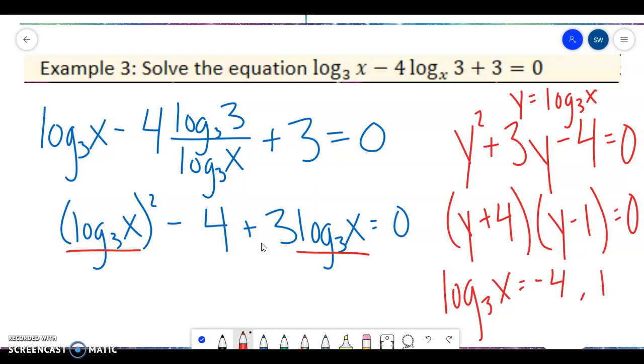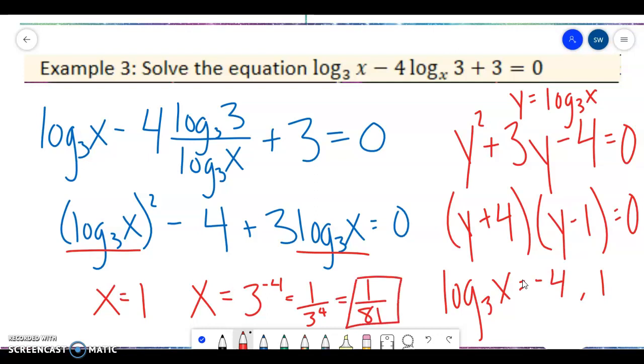To solve for x, you're really just doing 3 to the -4 equals x and 3 to the first equals x. So that gives us x equals 1 and x equals 3 to the -4th, which is really just 1 over 3 to the 4th, which is just 1 over 81. So our two answers are 1 over 81 and 1.